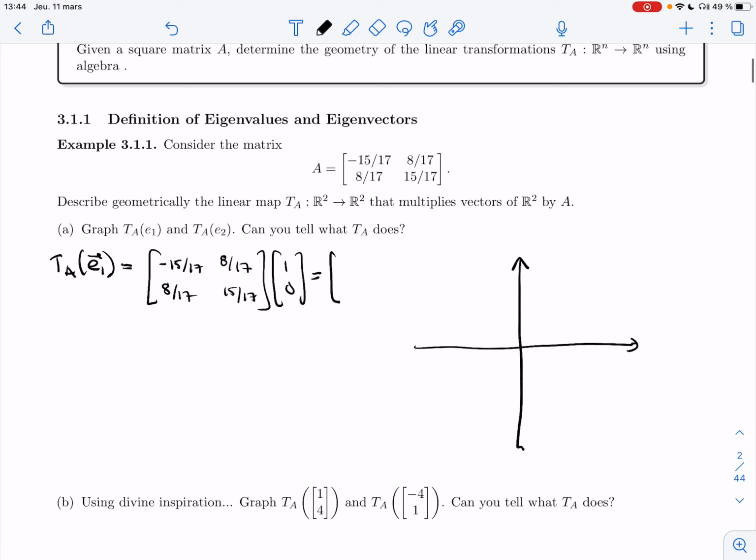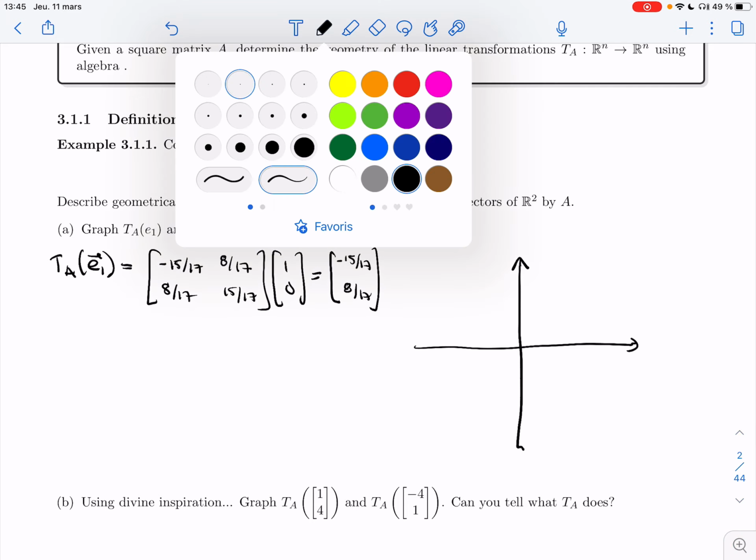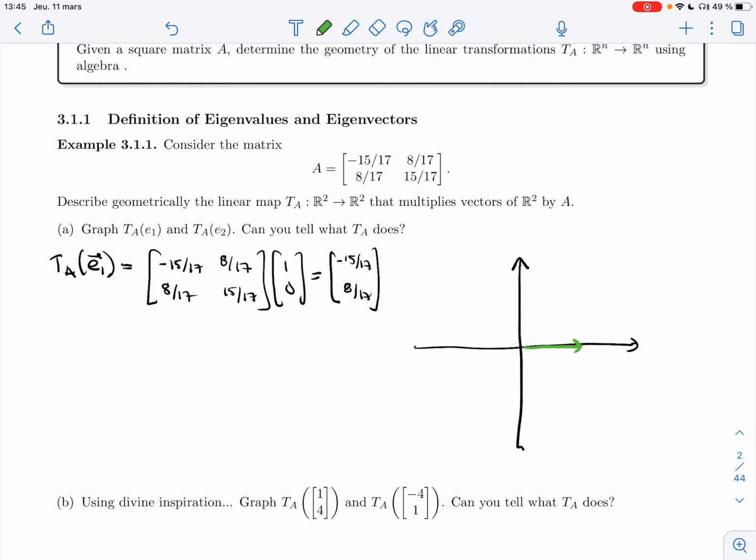That will just give you the first column. So E1 is sent to almost minus 1 and plus something like this.